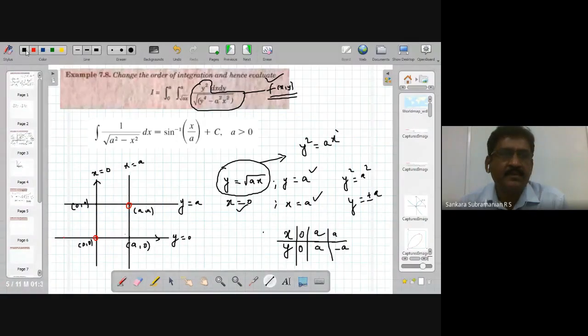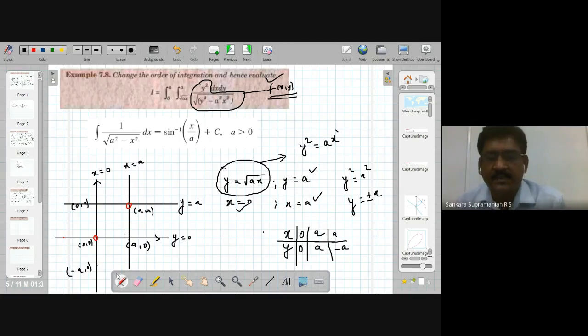Okay, you can extend this line. It's going down. All right, and this is the point. Say 1 2 3 4. This could be minus a. x is minus a, 0. So therefore this point, this is the line y equal to minus a.